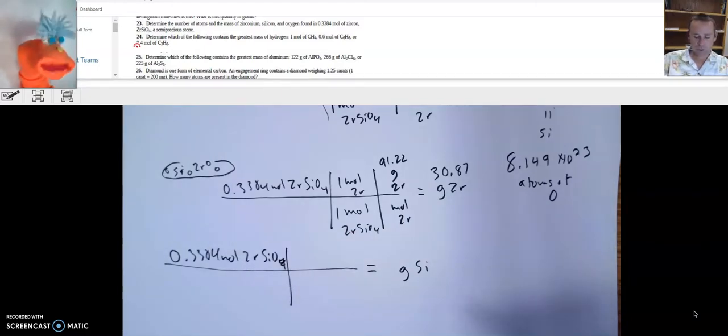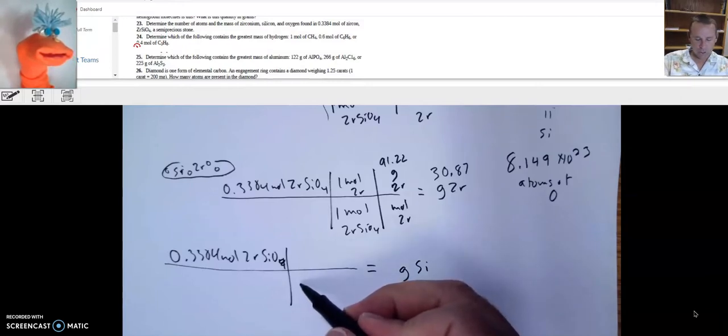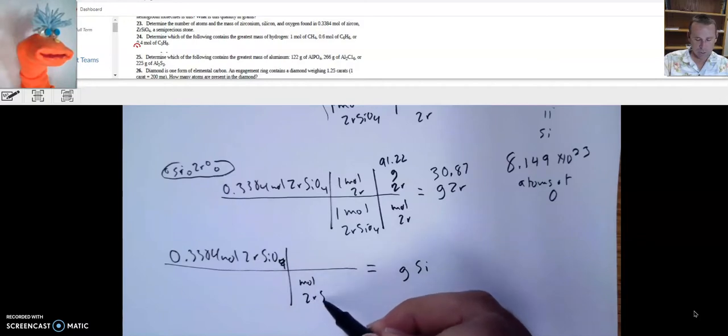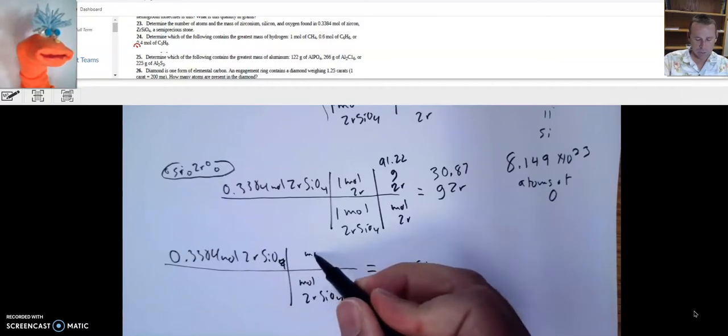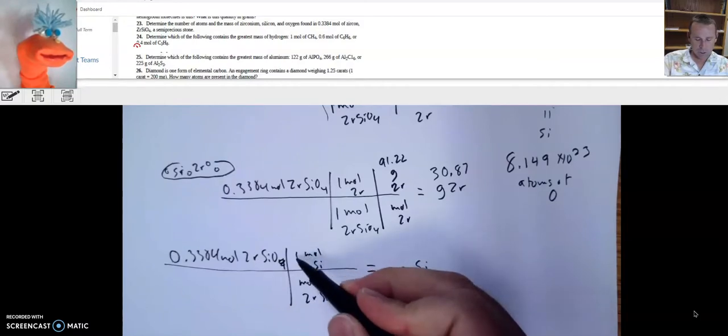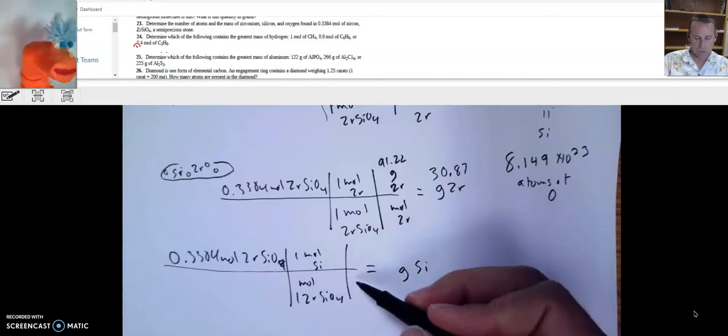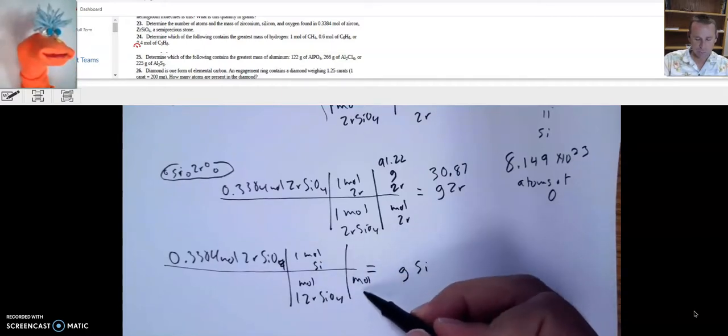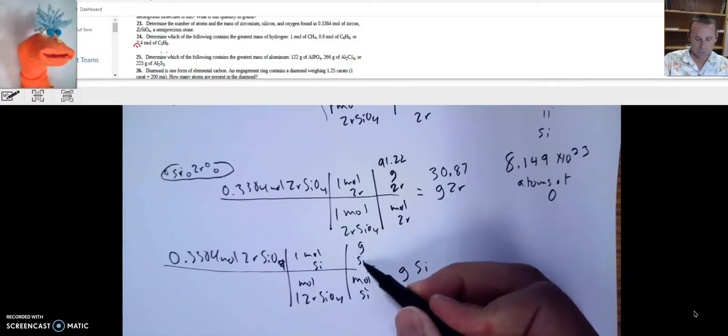Moles of silicon. That's right. So I start with what I have here, moles of ZrSiO4, and I want to go to moles of silicon, and it's just 1 to 1. And then you go moles of silicon to grams of silicon.